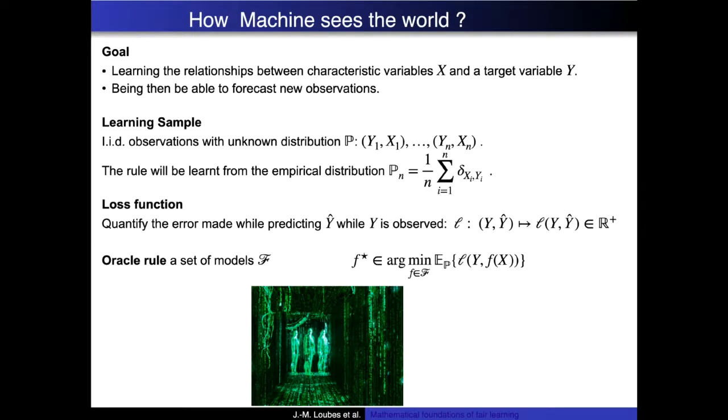And what is the criterion? The criterion is just a way to measure how close a forecast y hat is from the observation, L. So you define L, the loss, which is 0 if y is equal to y hat in the sense given by L. If you knew the way the data were generated, you would build what is called the oracle, that means the function f star, which minimizes the loss over all the possible ways of generating the data.